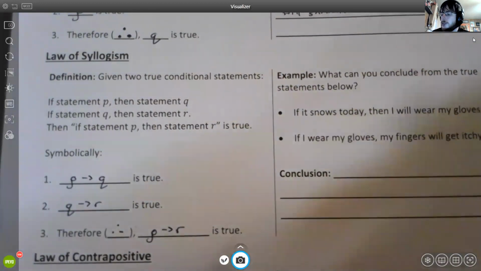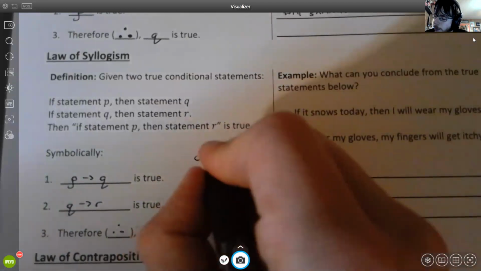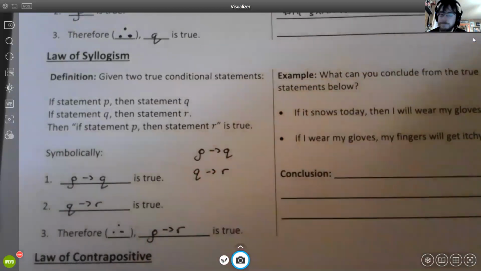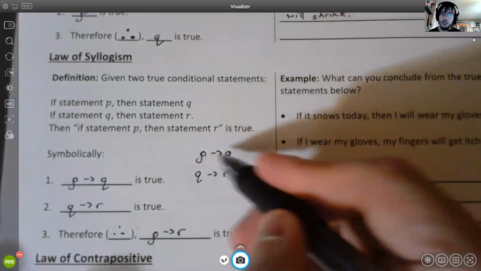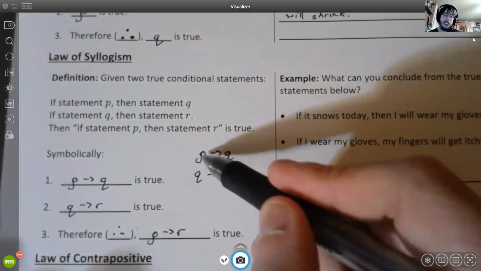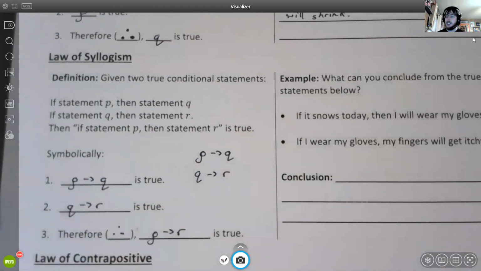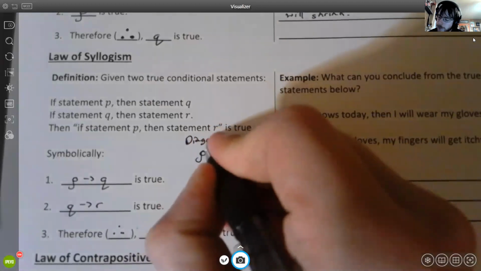And the reason this works, if you want to think about it in a more algebraic way, is you have P implies Q, Q implies R. Okay? This is kind of using that transitive property we talked about, right? So if you have P implies Q and then Q implies R, you can cut out that middleman and you say that P implies R. The way I like to think about it is that for this to be valid, the diagonals have to match.